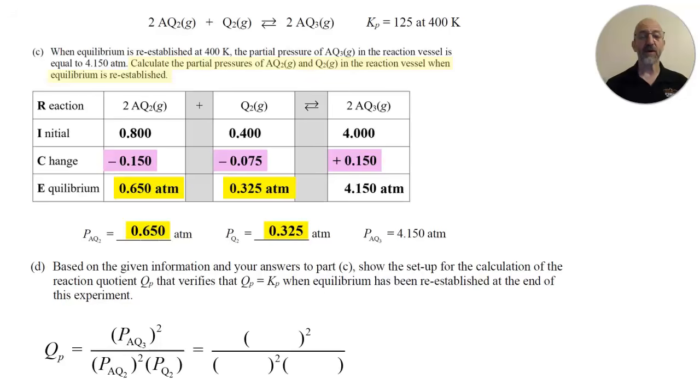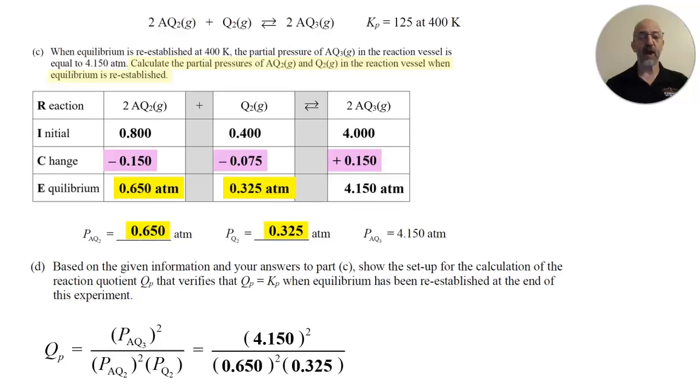So in the numerator will be 4.150. That's the partial pressure of AQ3 at equilibrium. And in the denominator, it will be those values that we calculated in part C, which are 0.650 for AQ2 and 0.325 for Q2.